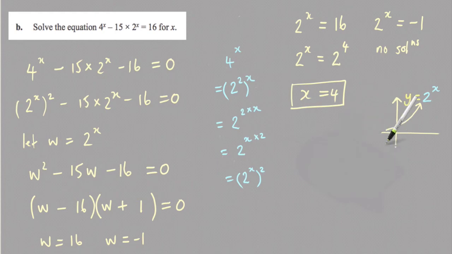So there are no negative y values on this graph, which really means that there are no x values that you can substitute into 2 to the x that will give you a negative y value. So what that means is that there are no answers to this part of the solution. So the answer to the question is x equals 4.